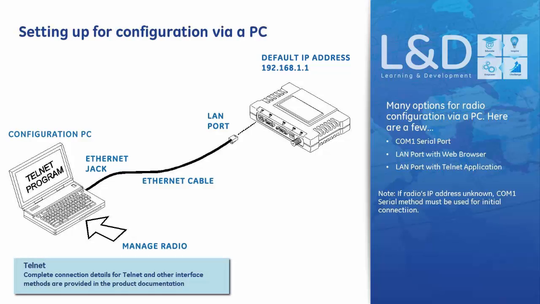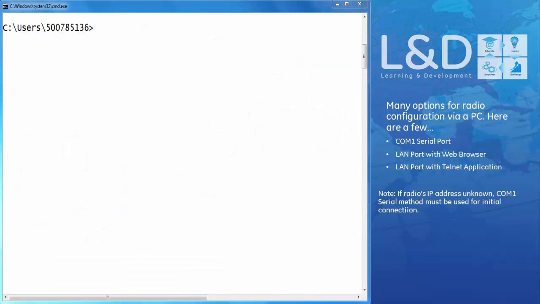You'll need to use the COM1 method, serial, if the unit's IP address is unknown. The default address on units shipped from the factory is 192.168.1.1. In the example here, we'll be using Telnet, as it provides a nearly identical experience to serial, yet provides the flexibility of connecting through the LAN Ethernet port. The IP address is known in this case, so it is a straightforward option.